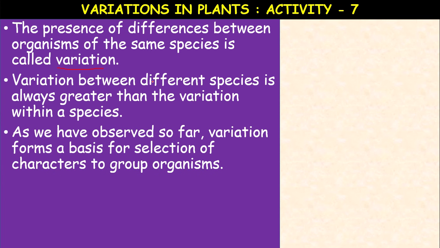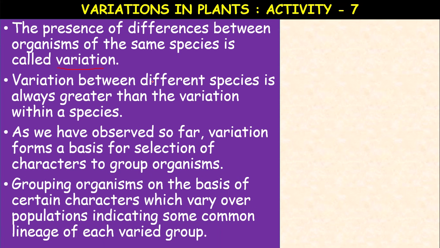So as we have observed so far, the variation forms a basis for selection of characters to group organisms. Okay, based on the variations only we can form a basis for the selection of characters to group the organisms. Grouping organisms on the basis of certain characters which vary over populations, indicating some common linkage or common lineage of each varied group.